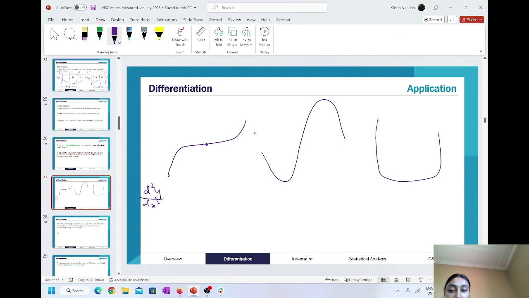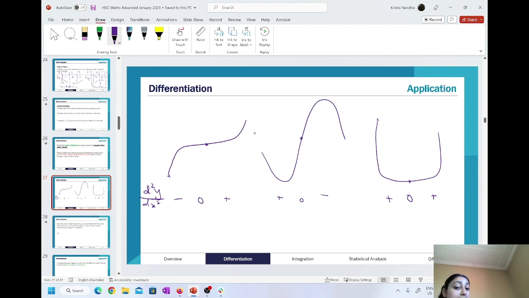So here's the change of concavity, here's the change of concavity. Initially we have a negative, a 0, and a positive concavity. Over here we have a positive, a 0, and a negative concavity. And over here, it's a bit of a special one. It's a positive, a 0, and a positive.